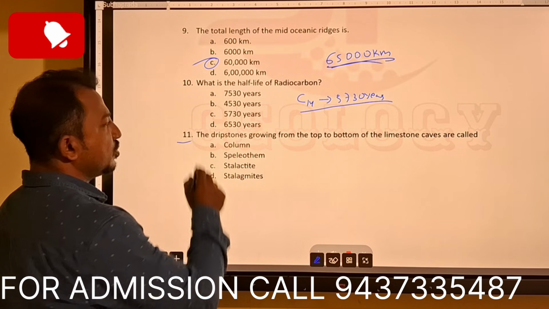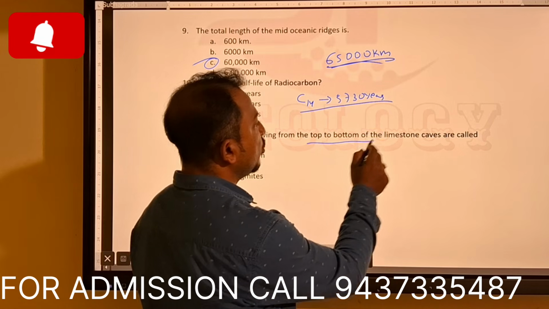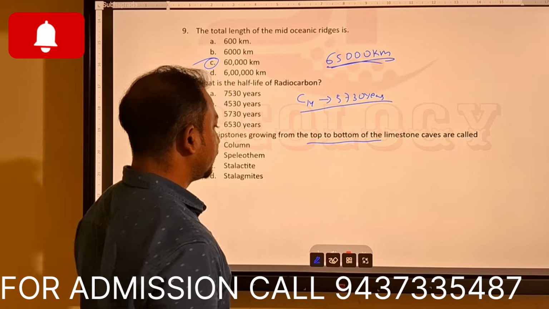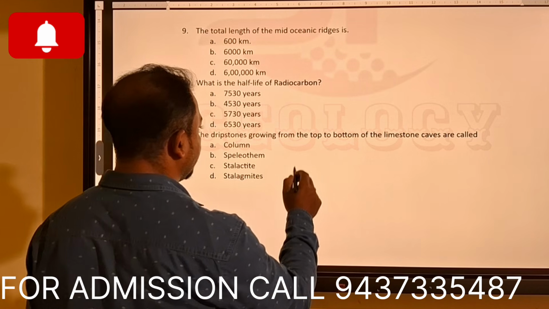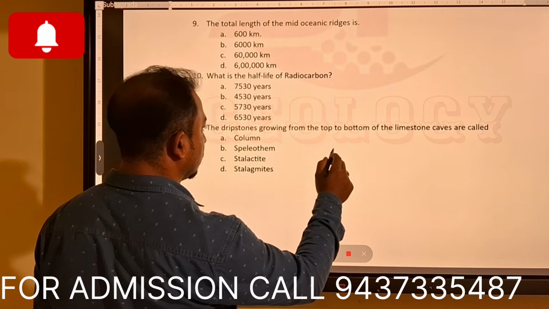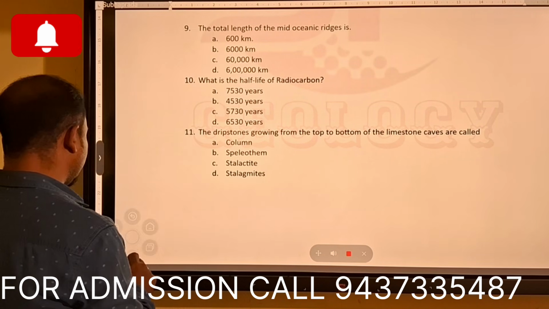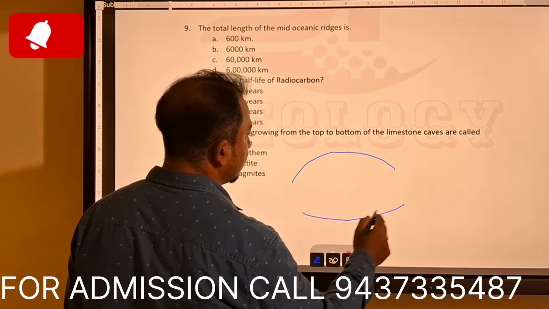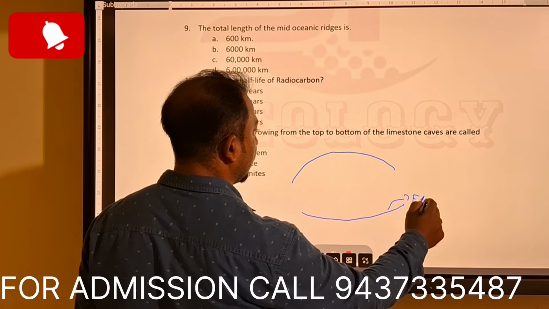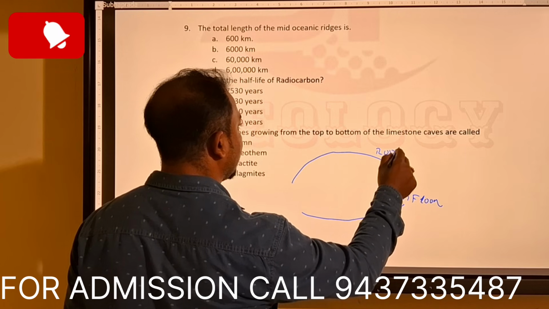Then comes the dripstones growing from the top to bottom of the limestone caves. So this is the floor of the cave. This is the roof of the cave.